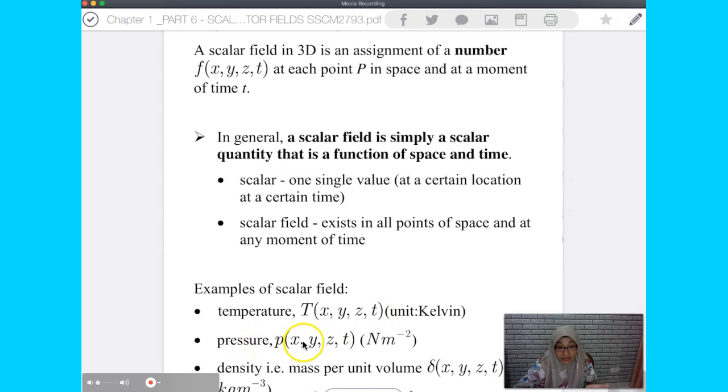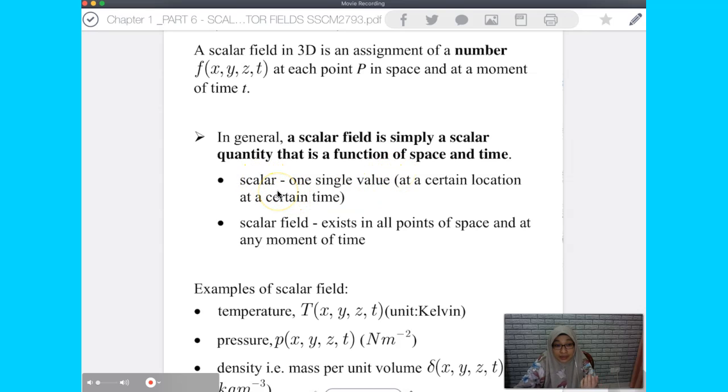Similarly, pressure is also a scalar. It doesn't have a specific direction. So p, pressure, may depend on x, y, z, and also x, y, and z depend on the parameter t. So in general, a scalar field is simply a scalar quantity, without a direction. It is a function of space and time.